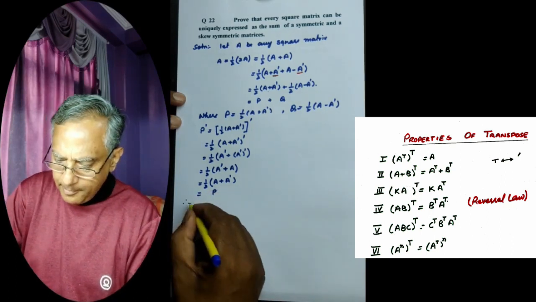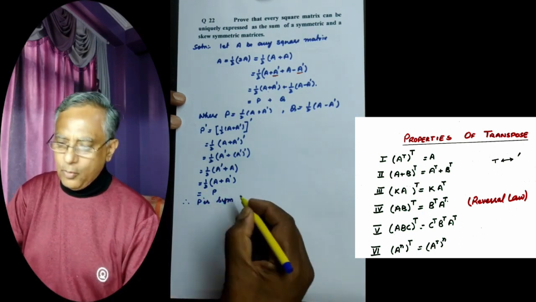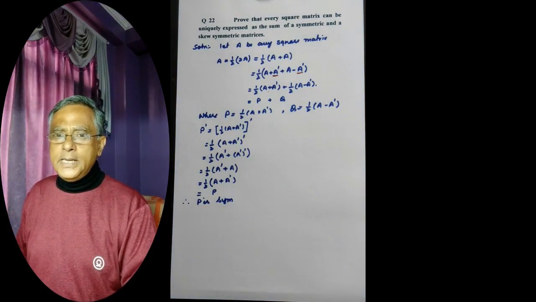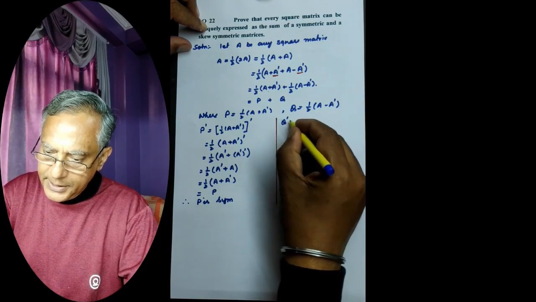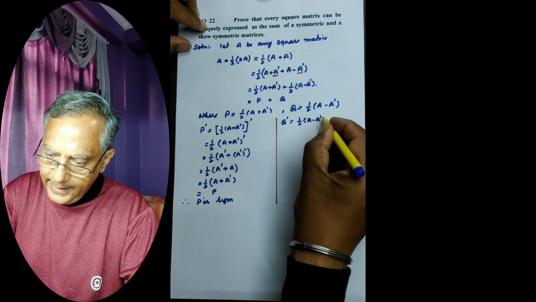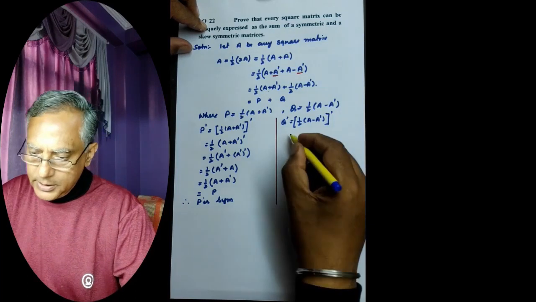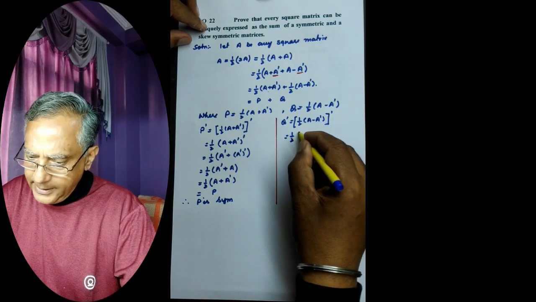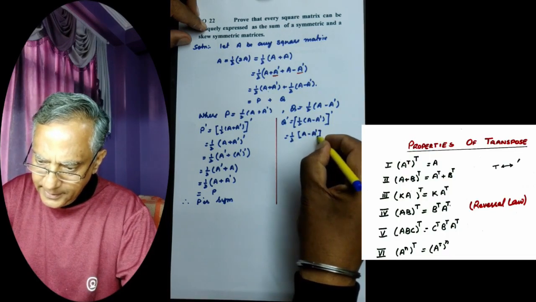Therefore, P is symmetric. Now we prove that Q is skew symmetric. Q' is equal to (1/2 (A - A'))'. So 1/2 comes out and we get (A - A')'.